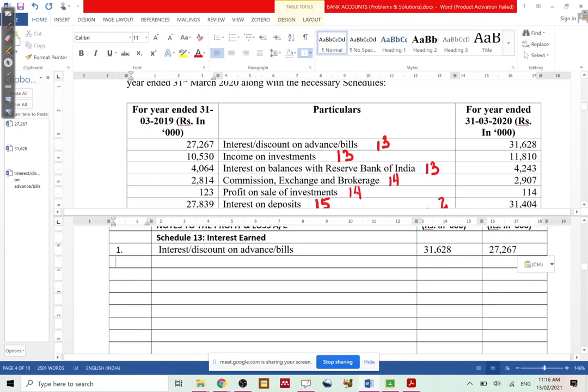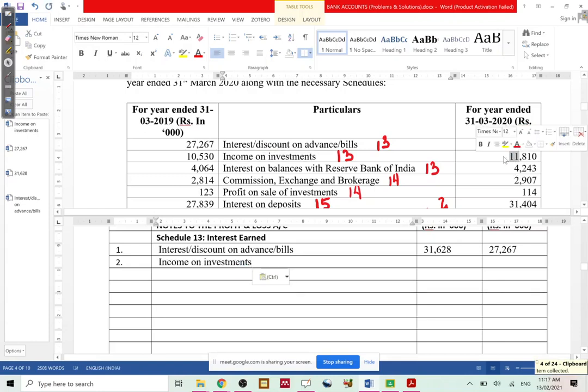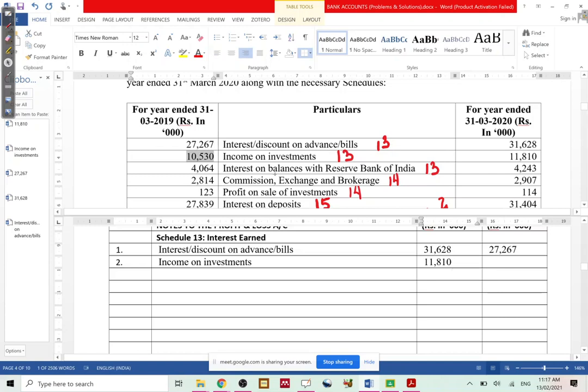Done? First item done. Then the second item under schedule 13 is income on investments. Let's write it here. Current year's amount is 11,810. Previous year's amount is 10,530.